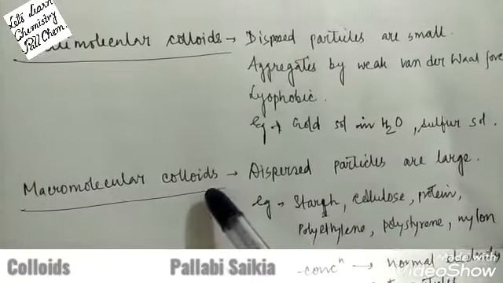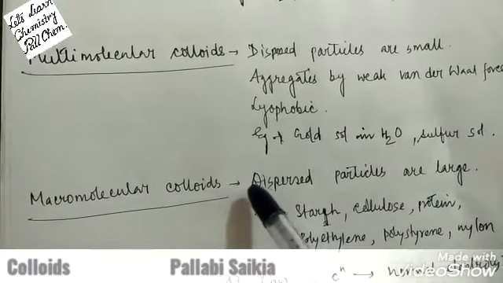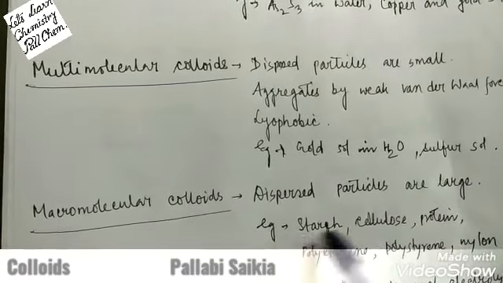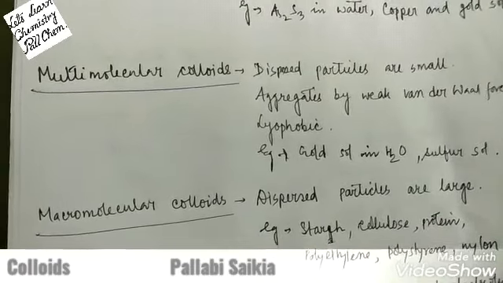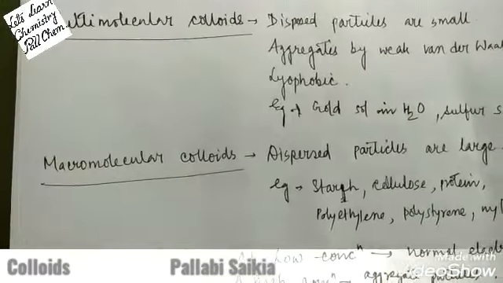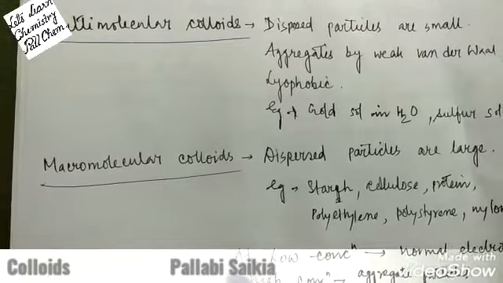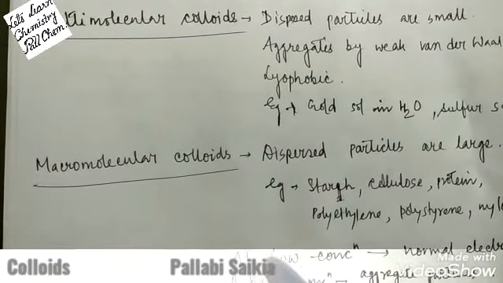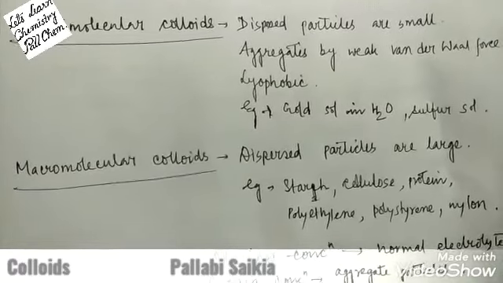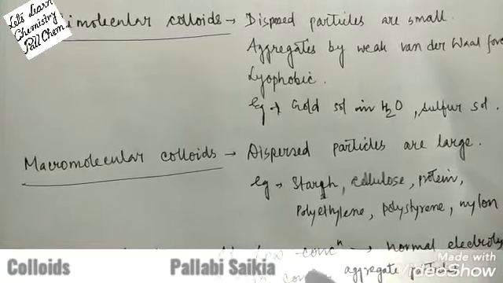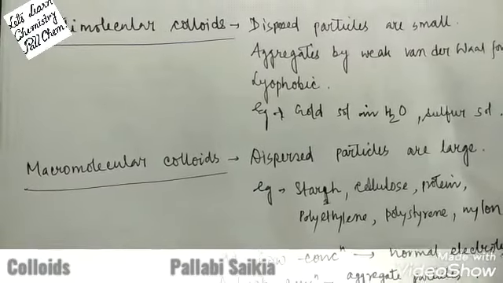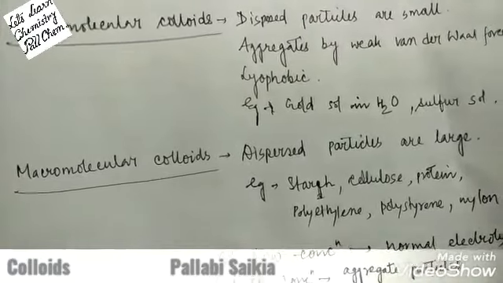And macromolecular colloids are those where dispersed particles are large. For example, starch, cellulose, protein, polyethylene, polystyrene, etc. And associated colloids are those where the particles show normal electrolytic behavior at low concentration, but at high concentration they aggregate and show the behavior of colloidal particles.